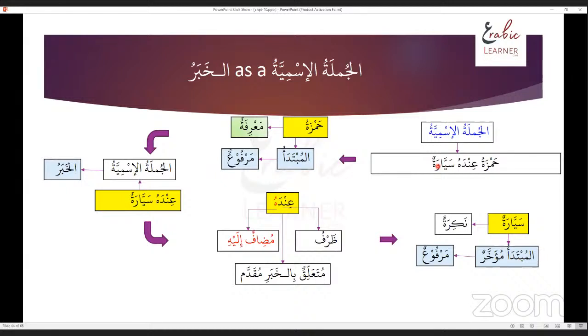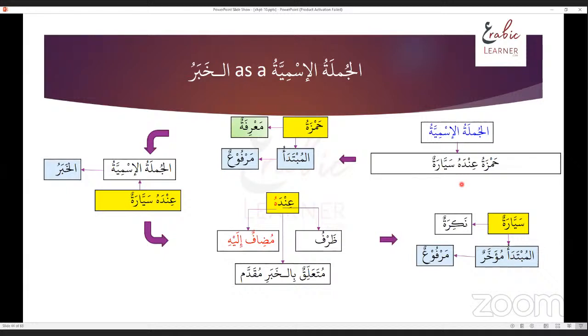That is the news. So that's why the whole thing becomes a khabar. Okay, Sister Rubina, you got it? The whole thing becomes a khabar. So in this sentence, you will say mubtada is Hamza and khabar is indahu sayyaratun.